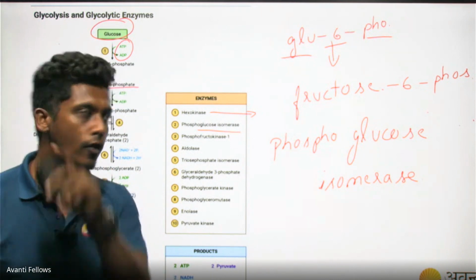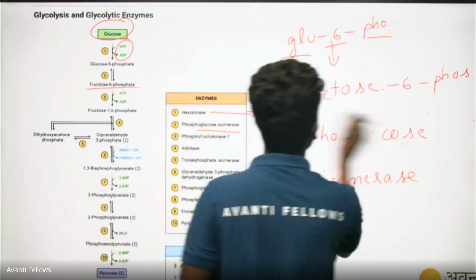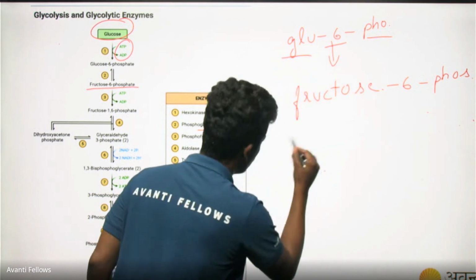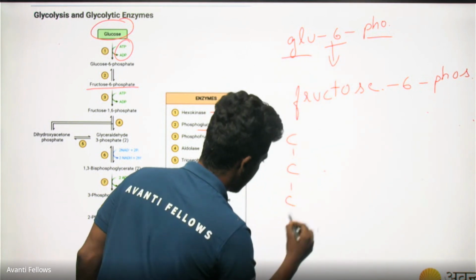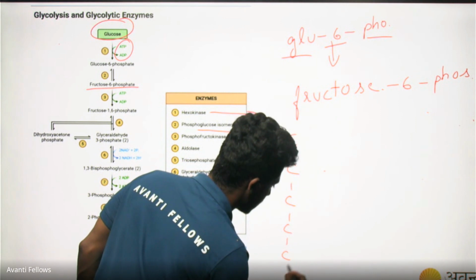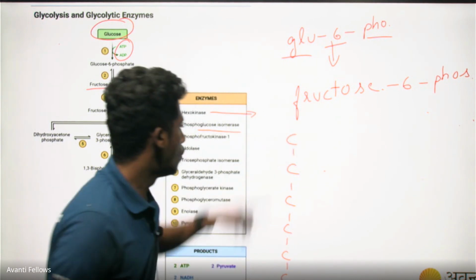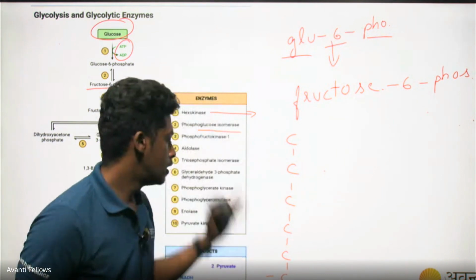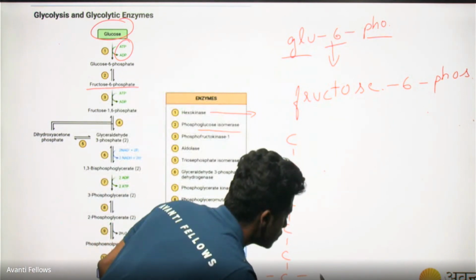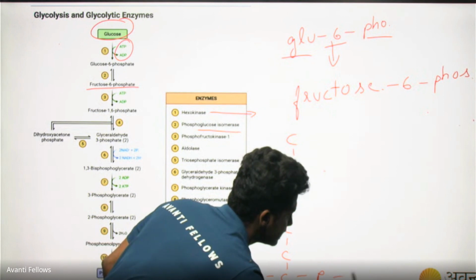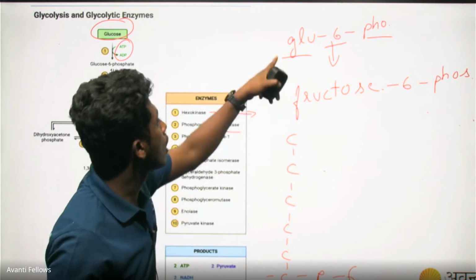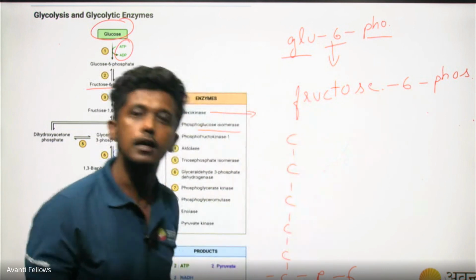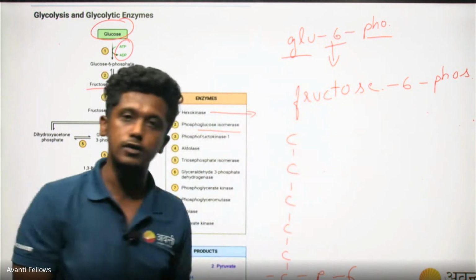Again, we have to go for investment. Now we know that fructose 6 phosphate is also like glucose, having 6 carbon atoms as usual. 1, 2, 3, 4, 5, 6. In the beginning itself, we added one phosphate molecule at the 6th position. That is why it got the name glucose 6 phosphate. Then it was isomerized to fructose 6 phosphate. Now assume you are looking at the structure of fructose 6 phosphate.